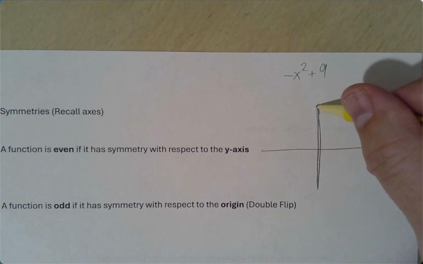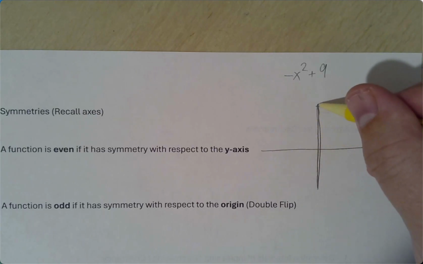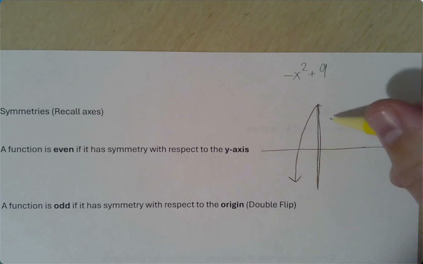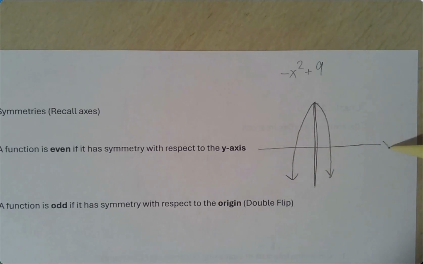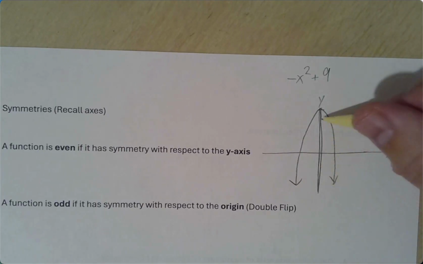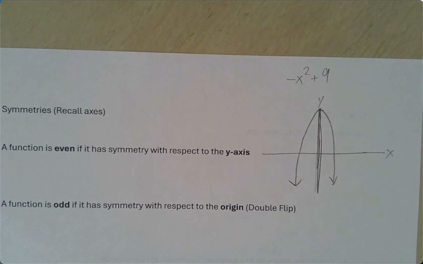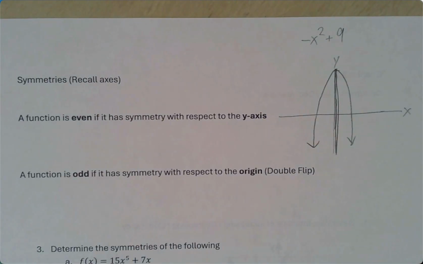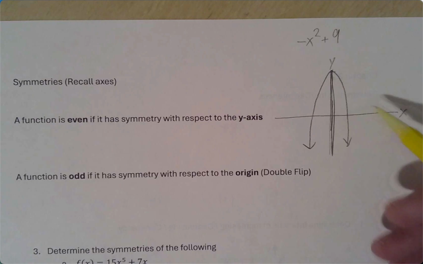Trust me that this graph has a peak at 9, somewhere up 9 if we scale that, and it then looks like this. And if I was a better artist or mathematician, then this graph would look completely symmetrical, and you could draw out a chart to see why it would be. But that's what this means to be even, or to have symmetry with respect to the y-axis.